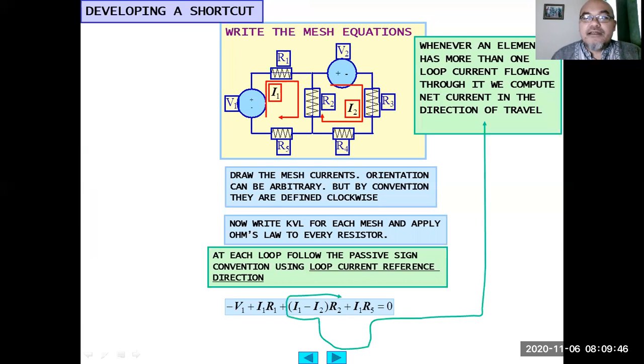Whenever an element has more than one loop current flowing through it, we compute the net current in the direction of travel. In this particular example, R2 has two loop currents flowing through it, I1 and I2. So here we compute I1 minus I2 in the direction of travel of the loop current.